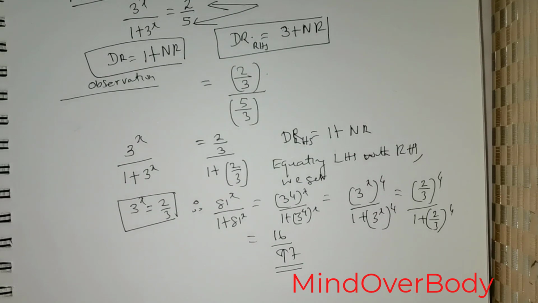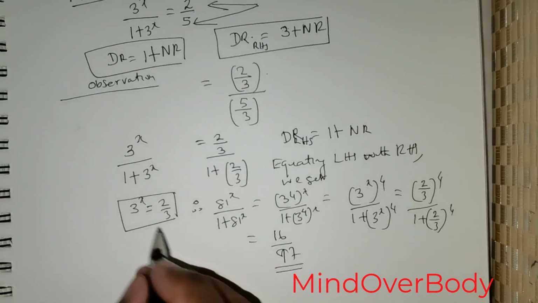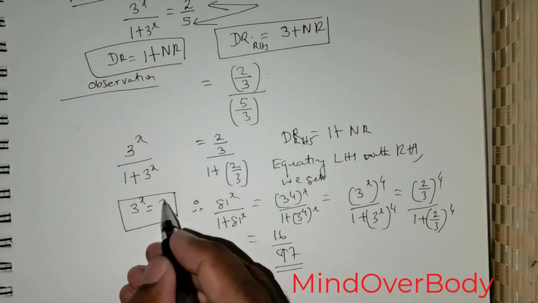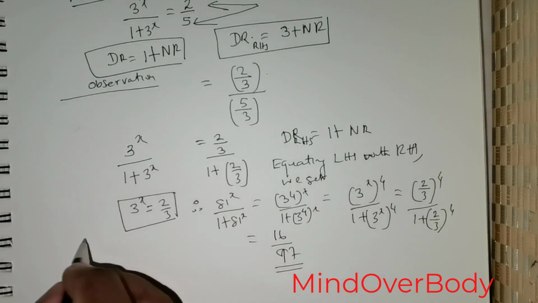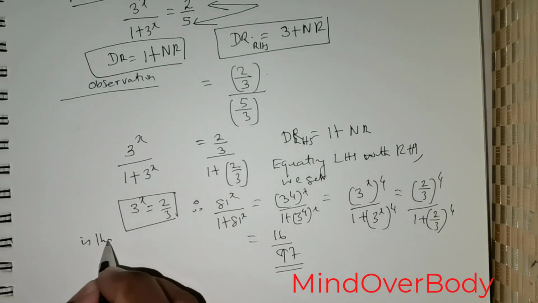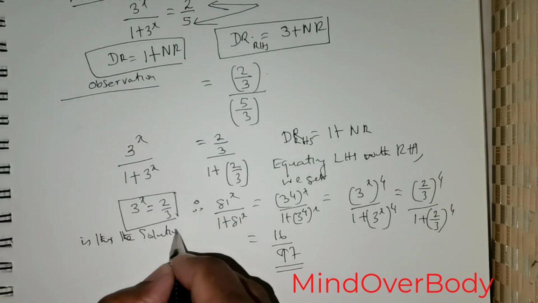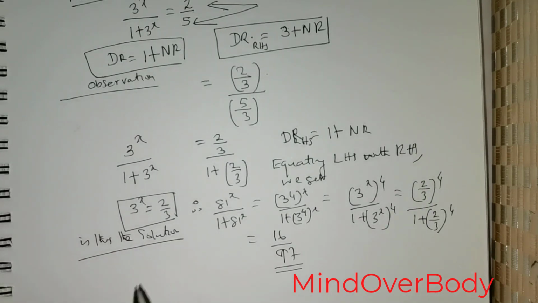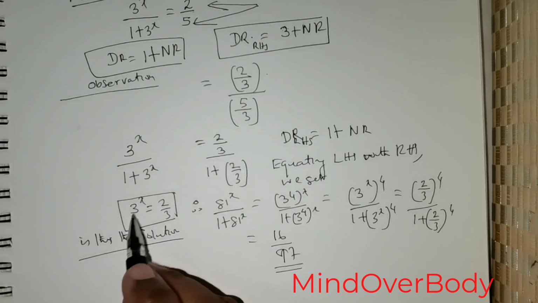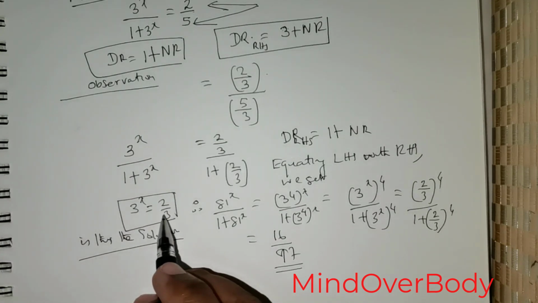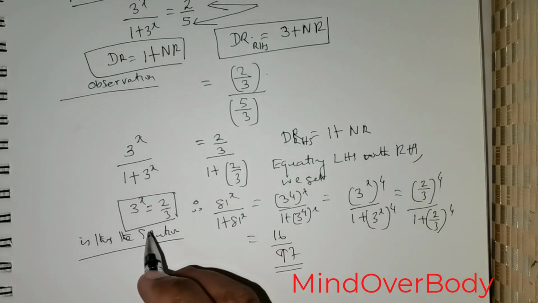Now the all important point is 3 raised to the power of x equal to 2 over 3. Is that the only solution? The question is, is this the only solution? In the first method, there is no such assertion that 3 raised to the power of x equal to 2 over 3 is the only solution. In fact, there has been no room for that at all.